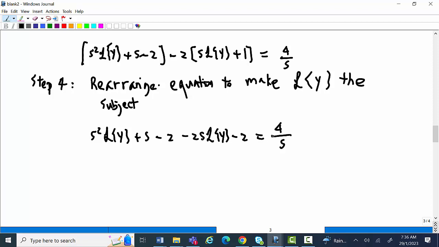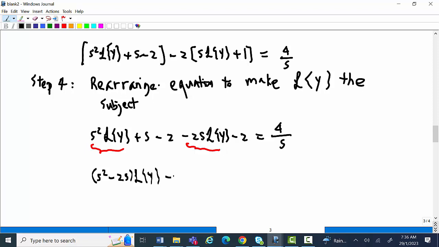Now collect all the Laplace transform of y together. So these are the Laplace transform of y terms you have. We get one term here, s squared Laplace transform of y, and minus 2s Laplace transform of y. So these are the two terms with Laplace transform of y together. Yeah, s squared minus 2s times the Laplace transform of y.